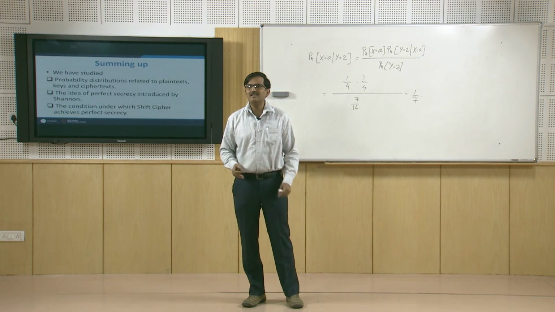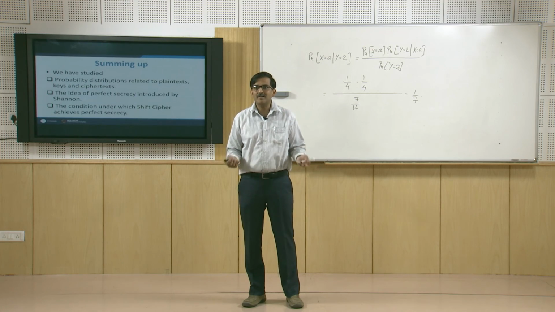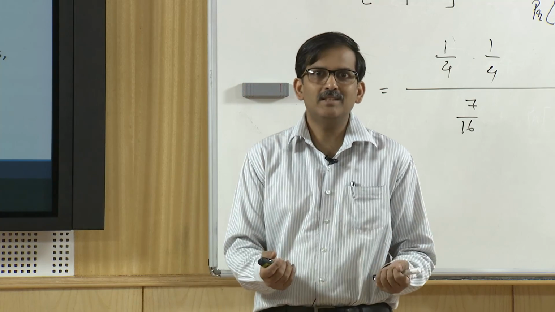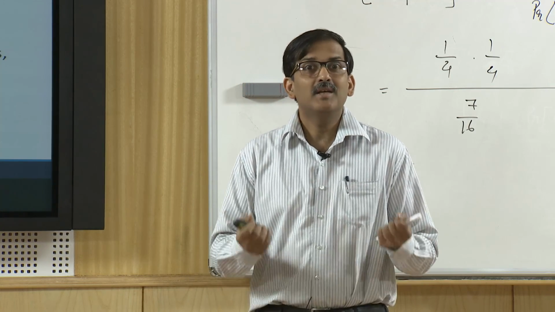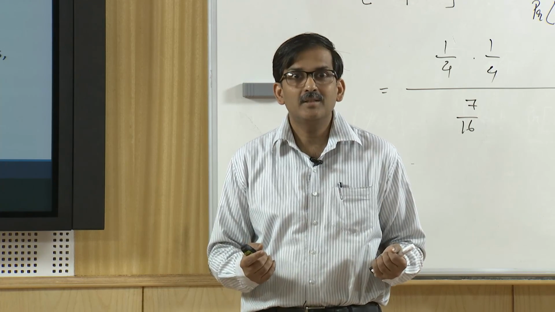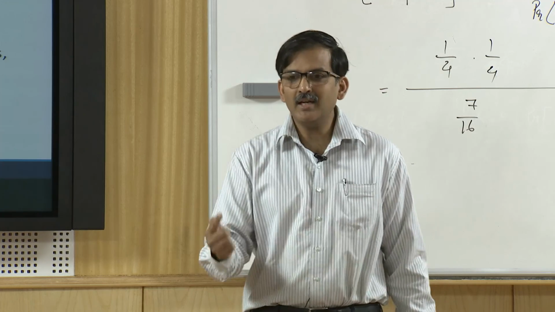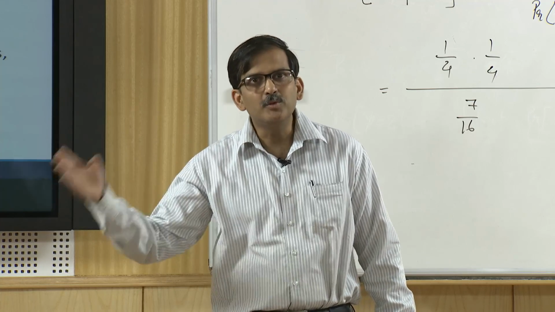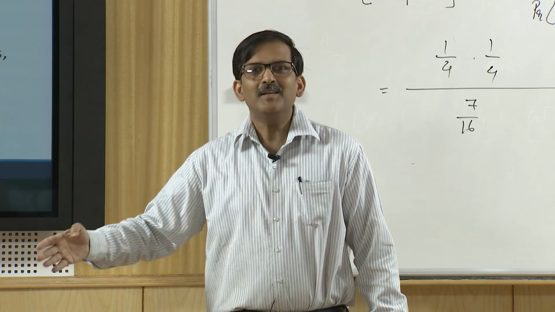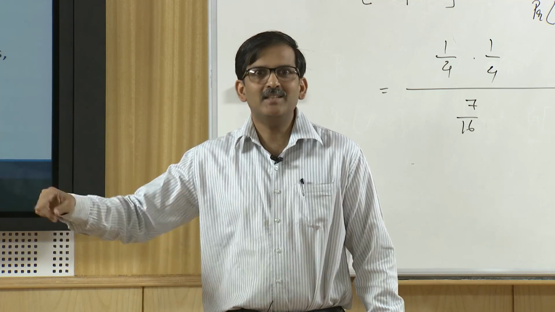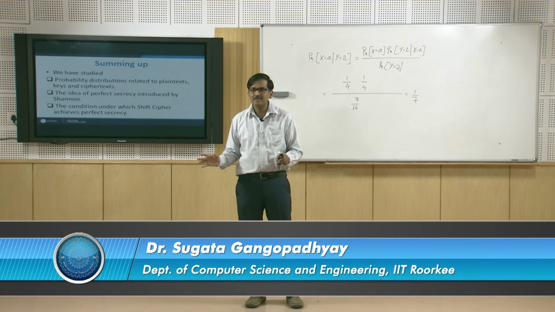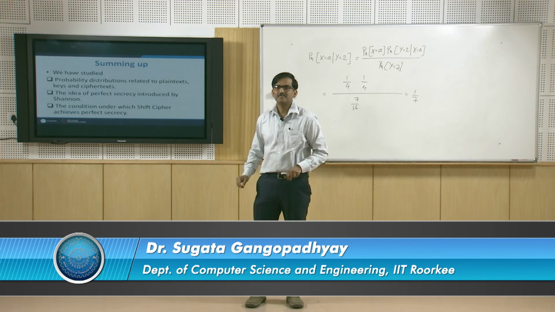When we study shift cipher, it seems that it is too simple, it cannot have any security, but very soon we see that shift ciphers can have perfect secrecy, but with one condition, that each time you encipher a plaintext, you have to choose a key equiprobably from Z sub 26. That is a very difficult thing to achieve, but nevertheless it is provably secure if we have the condition.